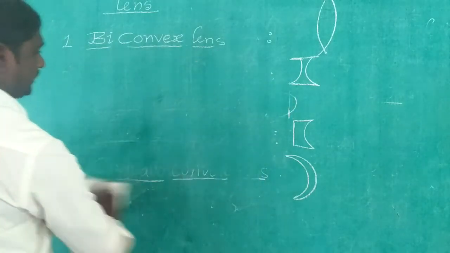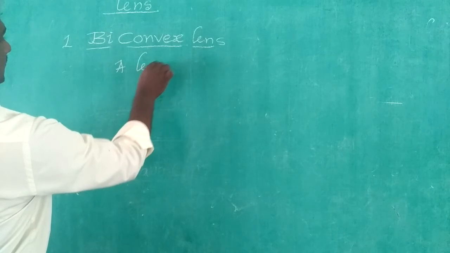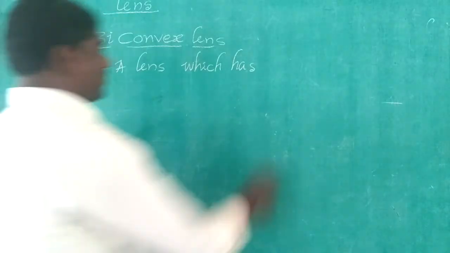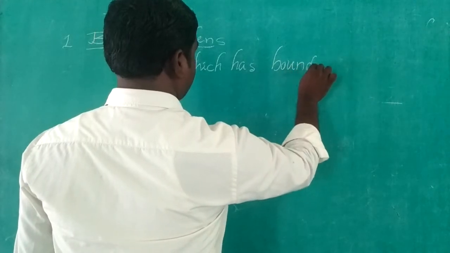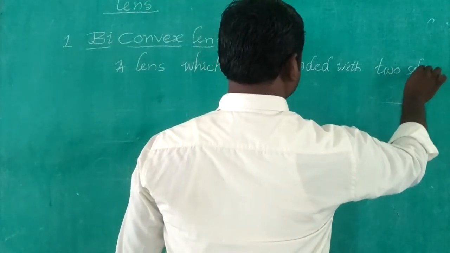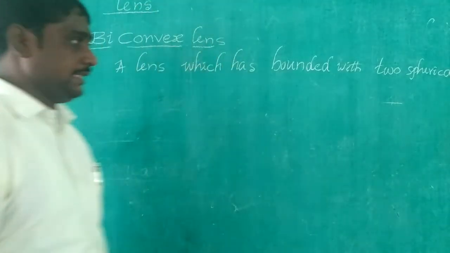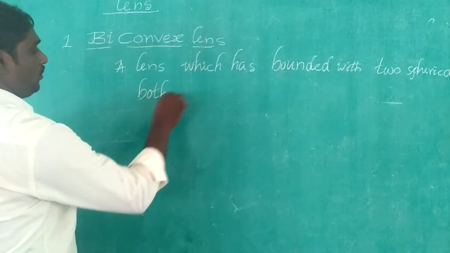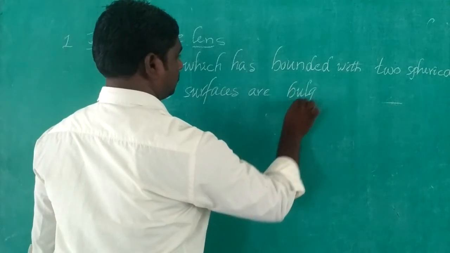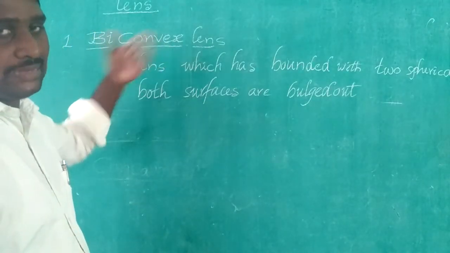What is a biconvex lens? A lens which is bounded with 2 spherical surfaces, both surfaces bulged out, is said to be a biconvex lens.